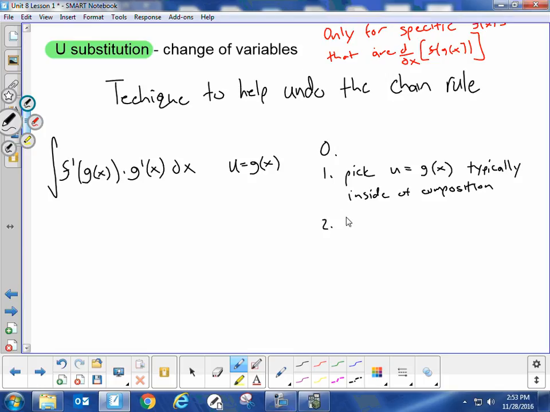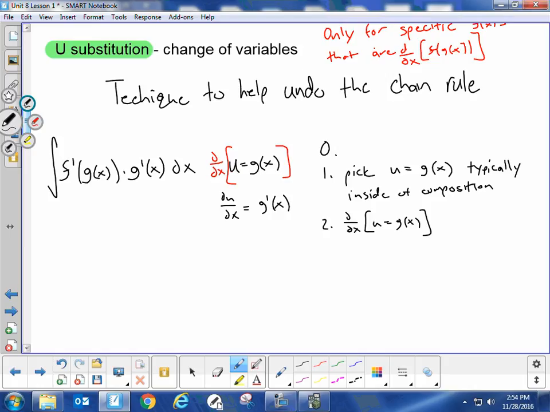Step 2, I'm going to take the derivative of u equals g of x. Now, I'm going to show you a step that you will be skipping in the future. When you take the derivative of u equals g of x with respect to x, you get du dx equals g prime of x. Okay?